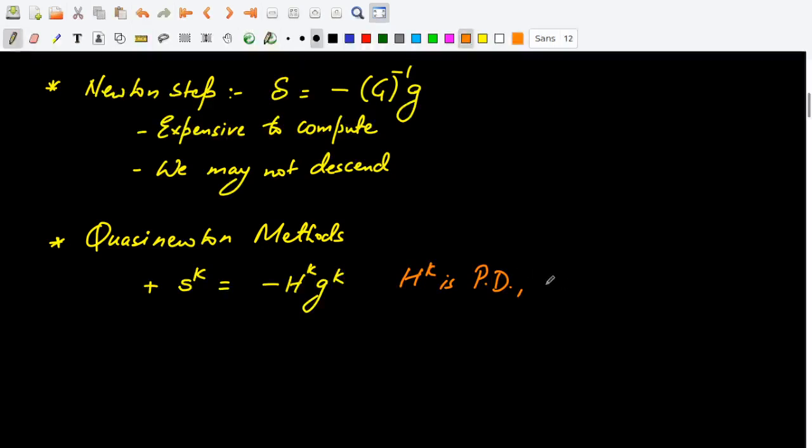And also we would like Hk to approximate G inverse, so that we get the nice convergence properties of Newton's method when we are close to the solution.